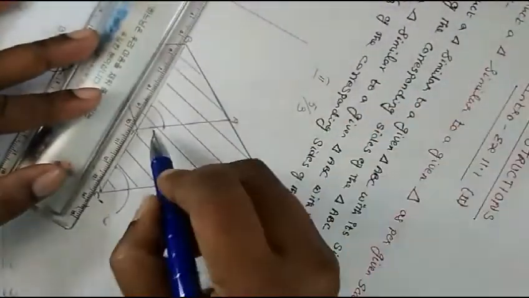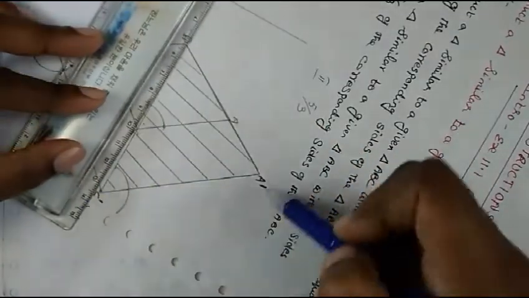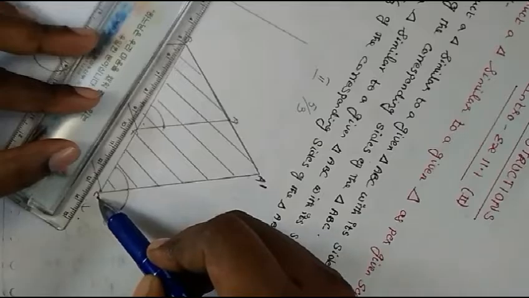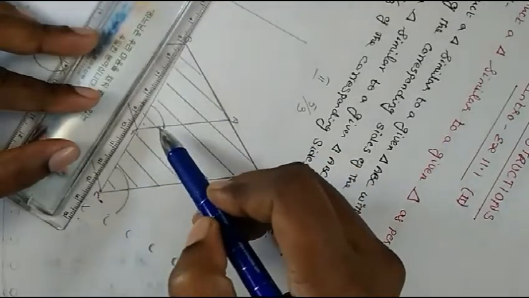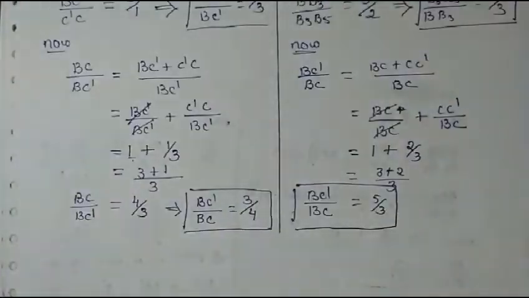Same way this becomes the corresponding angle, and therefore the big triangle that is formed, that side upon the small triangle side, the ratio will be equal to the other two sides.